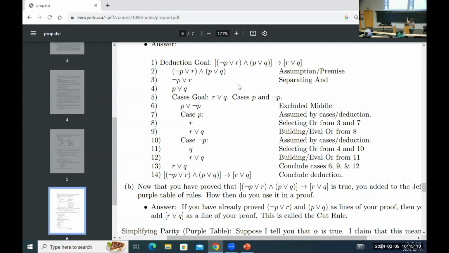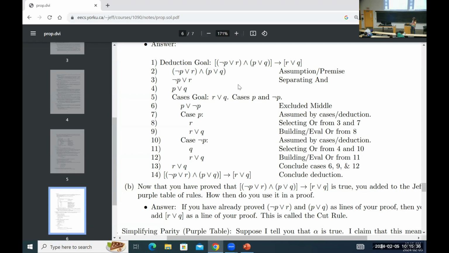Right, so in this case, we know we're doing proof by cases. So we go ahead and do it. And what are we trying to prove by cases? Well, we're still trying to do our implies. So what we're trying to prove is R or Q. So we're trying to prove R or Q by cases. And I tell you what the two cases are, right? Line 5 says what we're trying to prove.